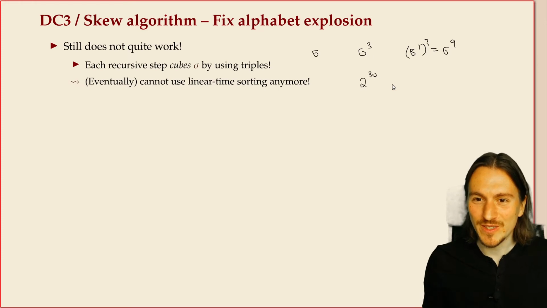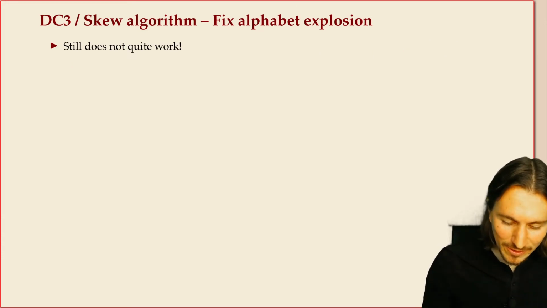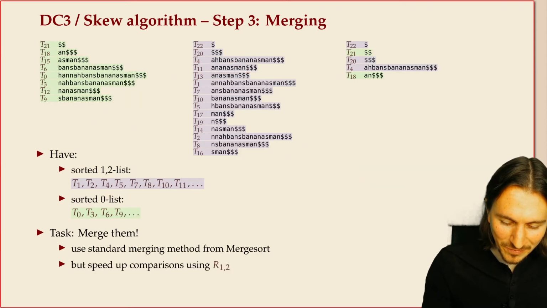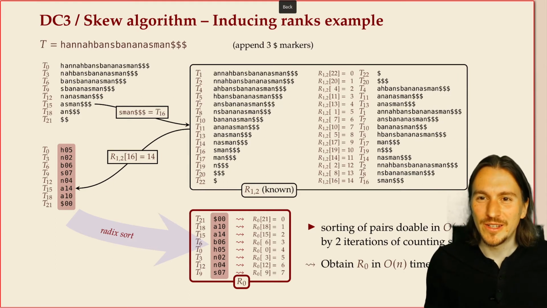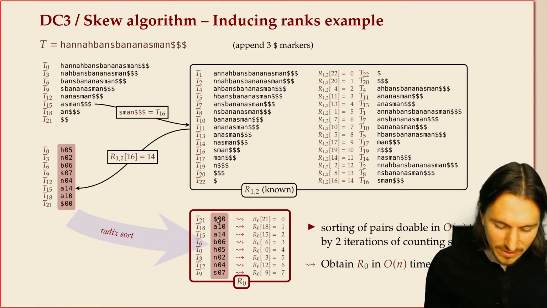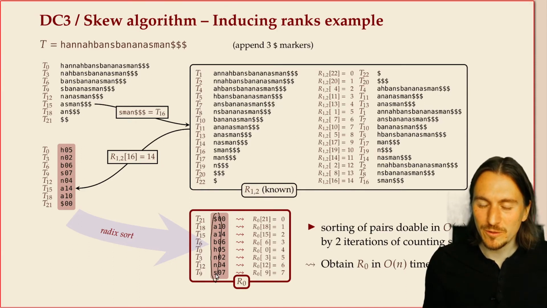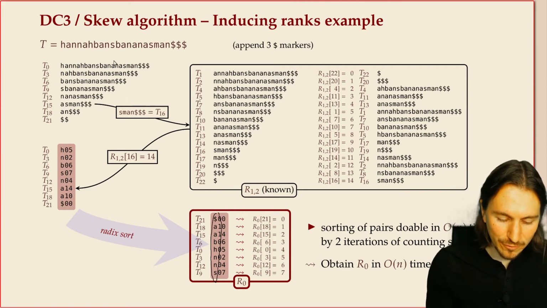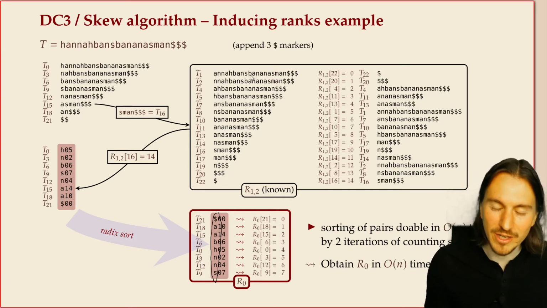Now, that is not by itself a problem, but we relied implicitly on this linear time sorting. Let me just briefly go back to that step to make this very clear. We rely on linear size alphabets in this step. We induce the ranks in step 2 from the ranks that we recursively compute by replacing the long suffixes by these pairs, a character and the rank from the remaining suffix.